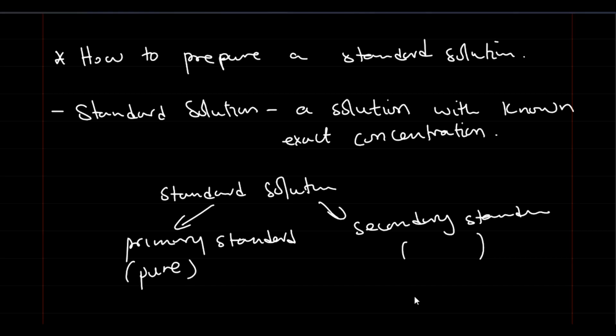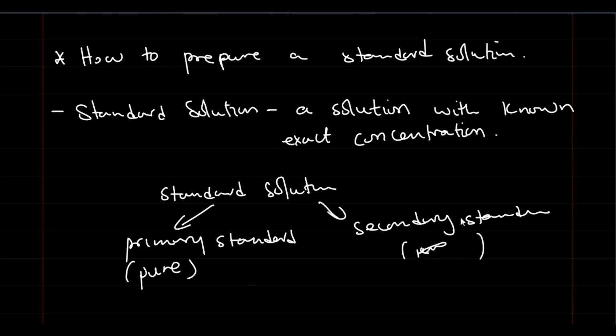Now because they use the primary standard to create this one, the secondary standard is not really pure as compared to the primary, and the secondary standard is more reactive compared to the primary standard.